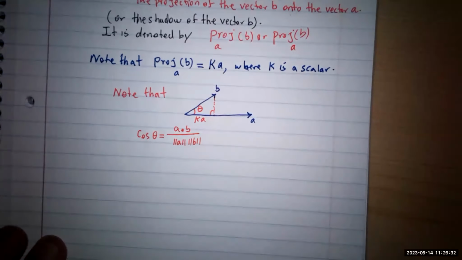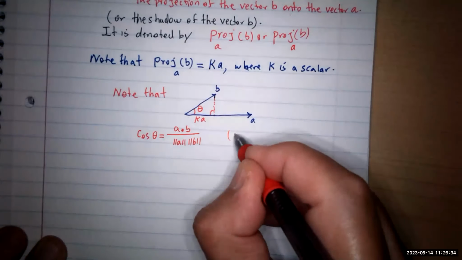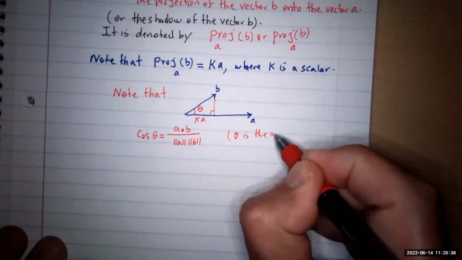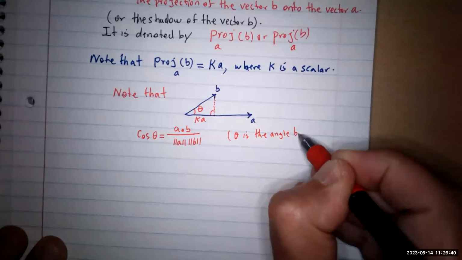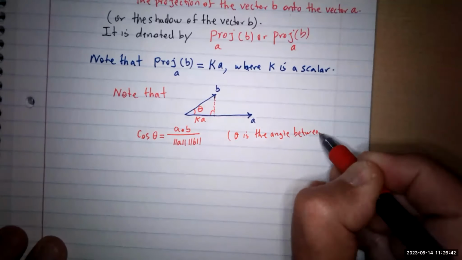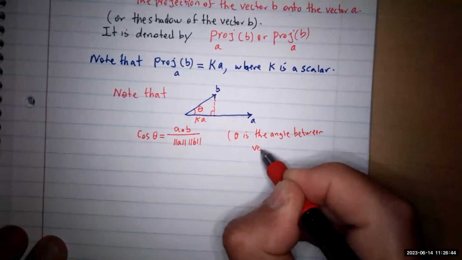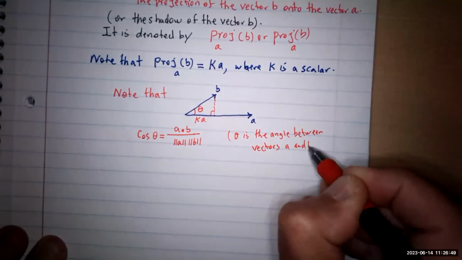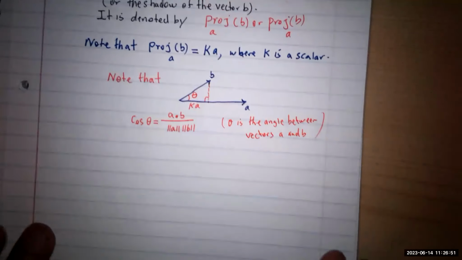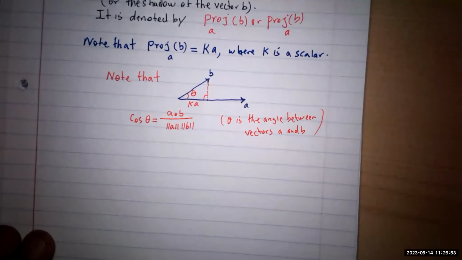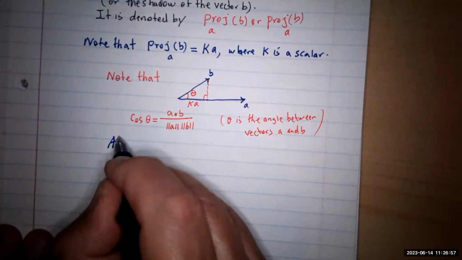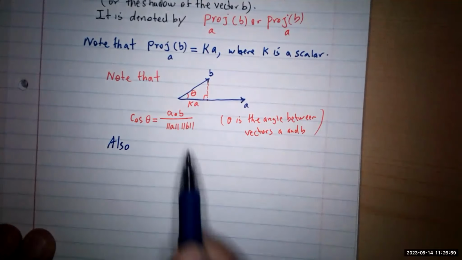I get this one because theta is the angle between vectors a and b. This is one formula. On the other hand, I can also use another.